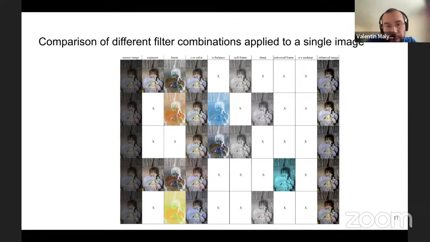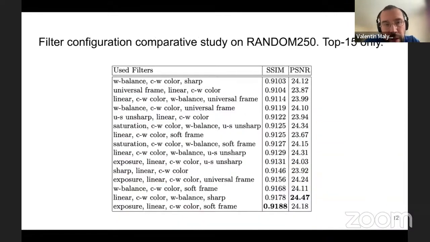We experimented with a lot of approaches, and this is an ablation study which is shown here. So we experimented with different applied filters, and we found that exposure, linear, channel-wise color, and soft frame are the best combination.